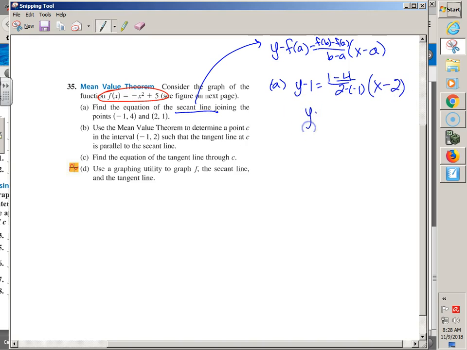So my secant line is going to be y equals, adding the 1 on the other side. Okay, there's my secant line.